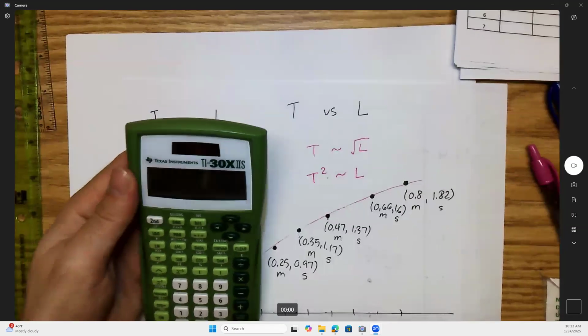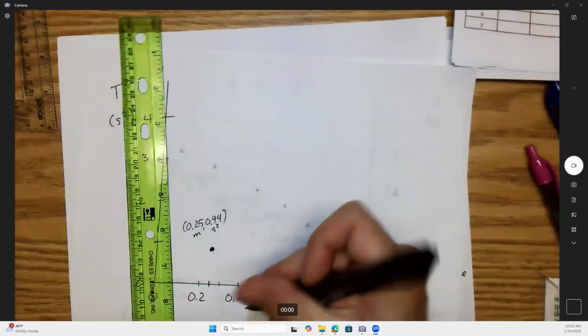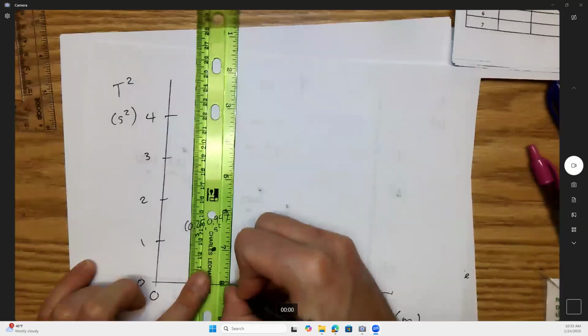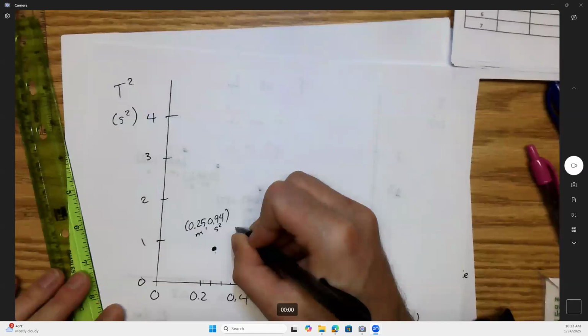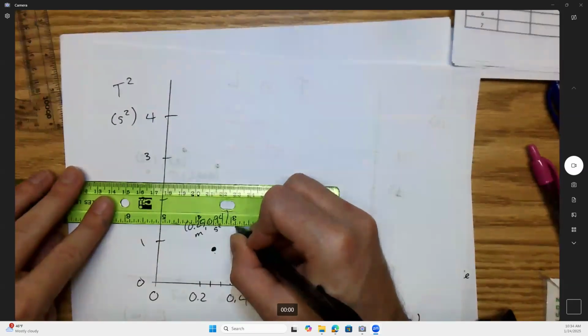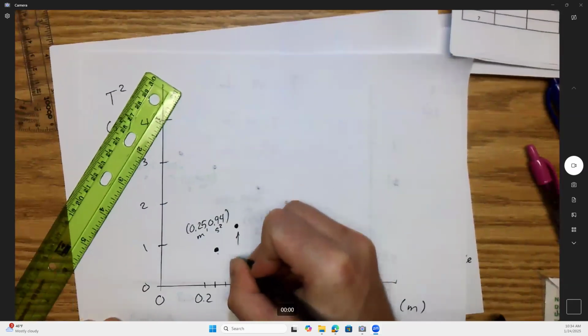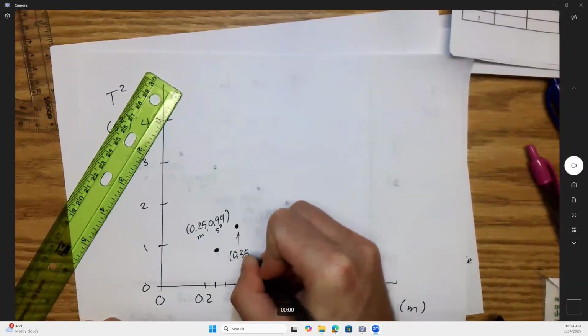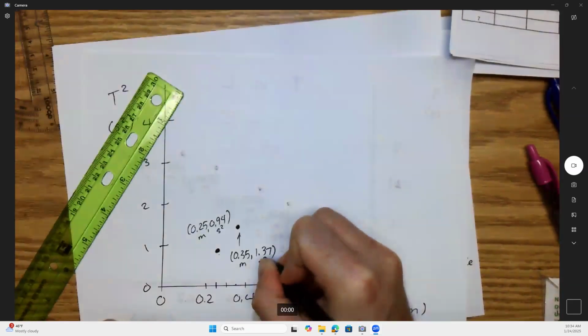Square that. That's 1.37. So 0.35, 1.37. I think it's right about there. So that's meters and square seconds.